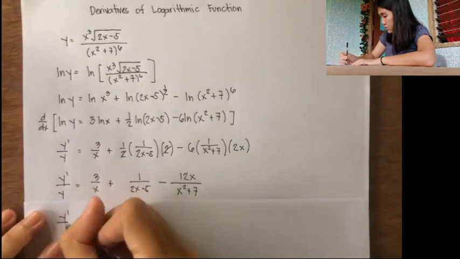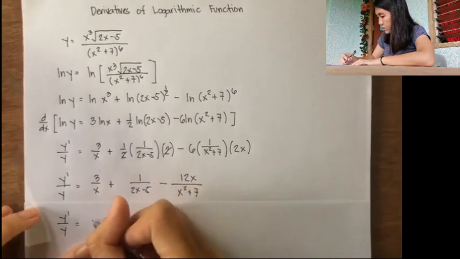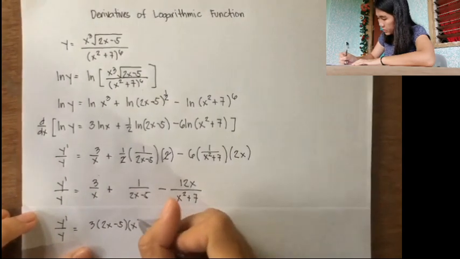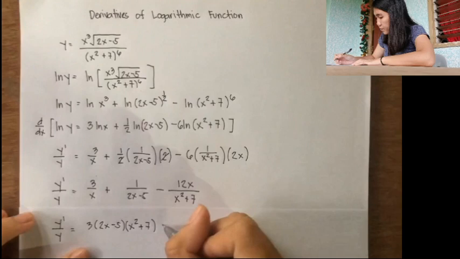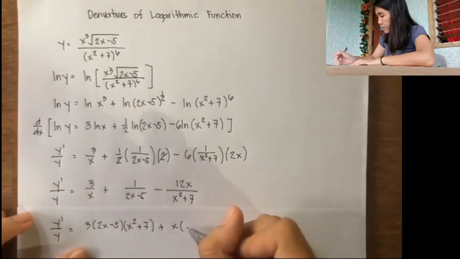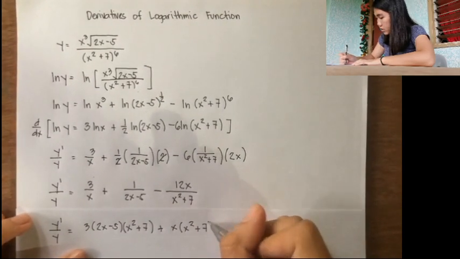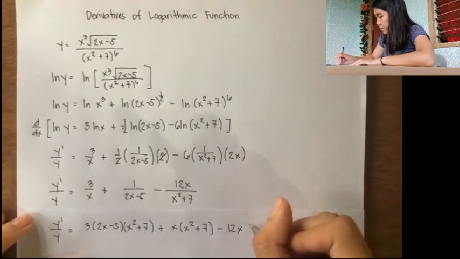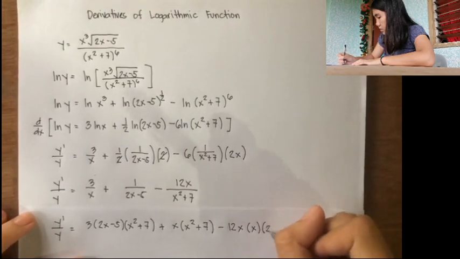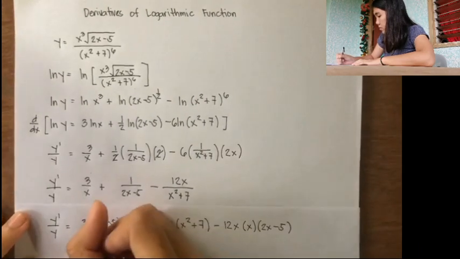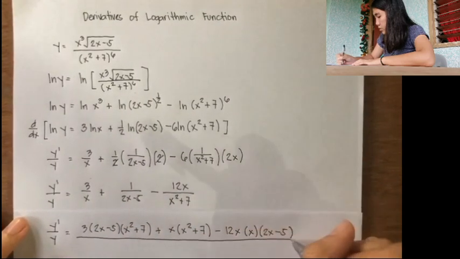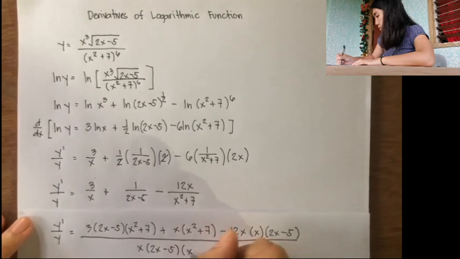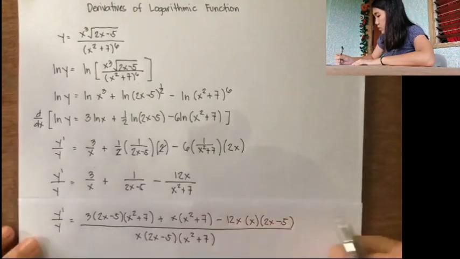And then we do this operation, which equals 3 times 2x minus 5 times x squared plus 7 plus x times x squared plus 7 minus 12x times x times 2x minus 5 over x times 2x minus 5 times x squared plus 7.